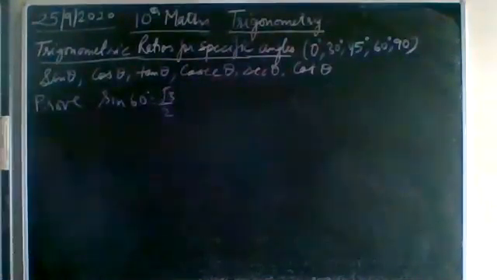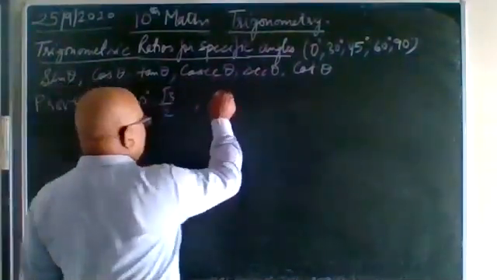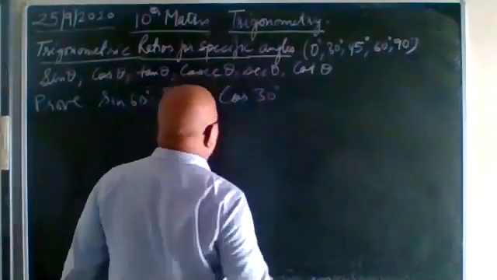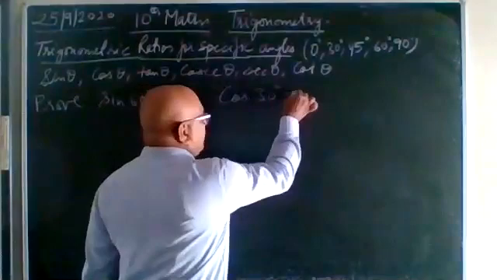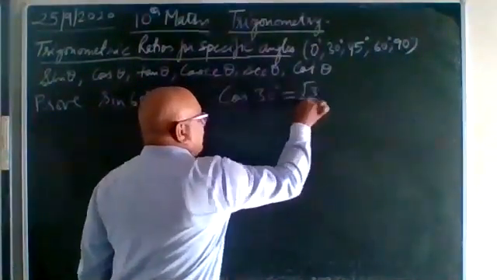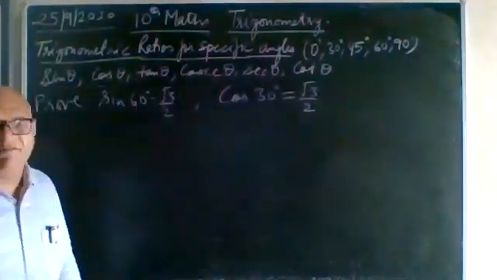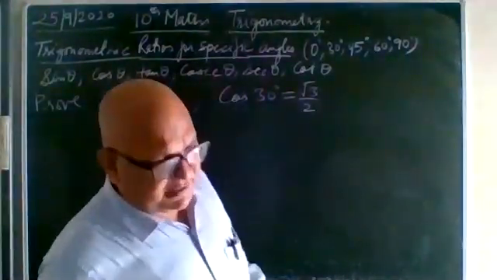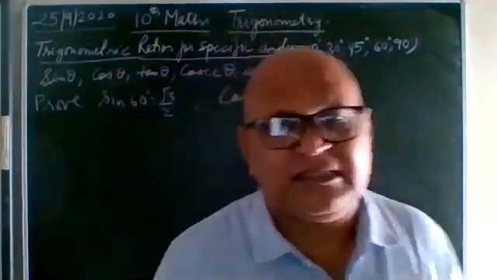Cos 30 is also root 3 by 2. I can prove this too. So 60 degree and 30 degree.